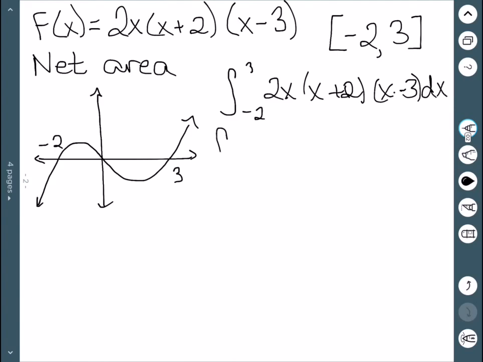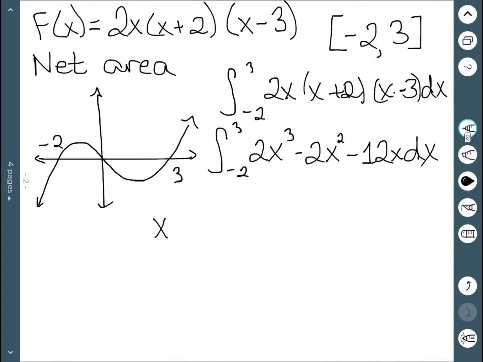It's very important before we integrate this that we multiply these things out. Integrals cannot be broken up across multiplication. That multiplies to 2x cubed minus 2x squared minus 12x. When integrating polynomials, we add 1 to the exponent and divide by that number.